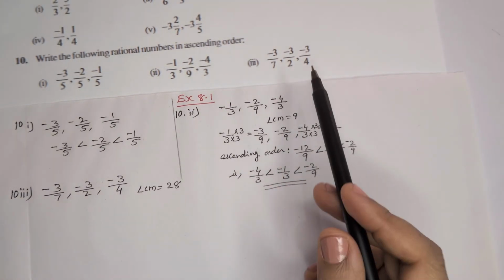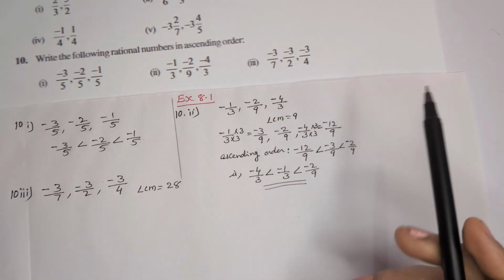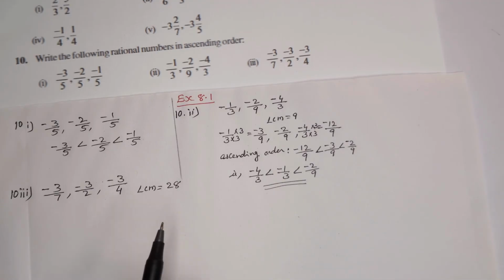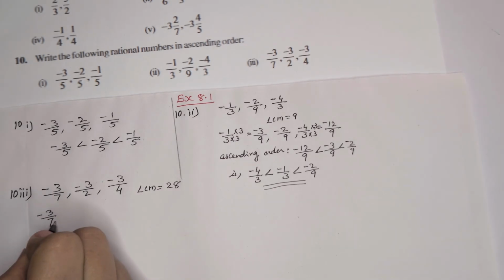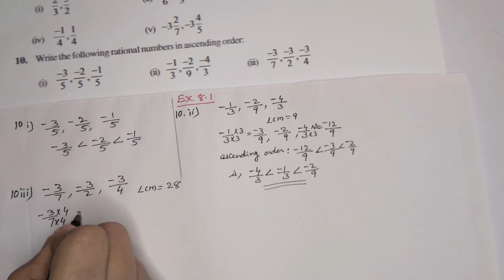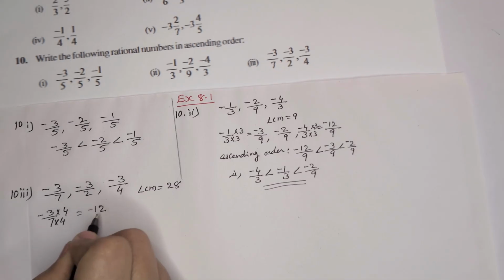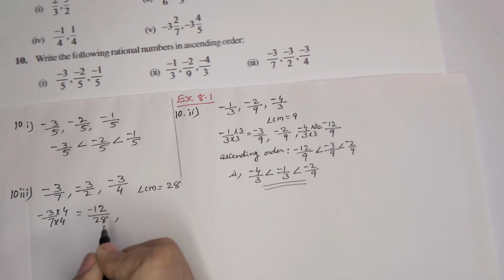Third one, minus 3 by 7, minus 3 by 2, minus 3 by 4. Here LCM is 28. So the first number, minus 3 by 7, we multiply by 4, so that will come as minus 12 by 28.